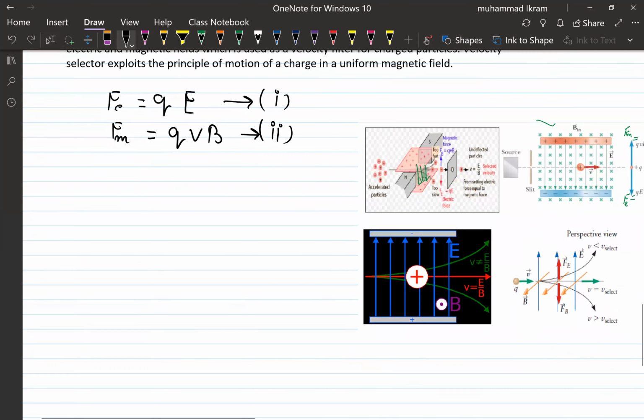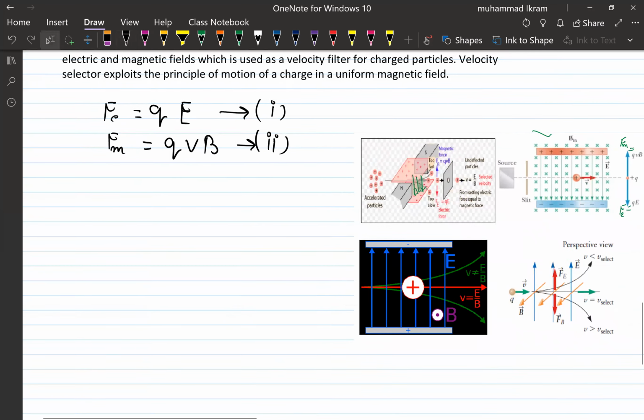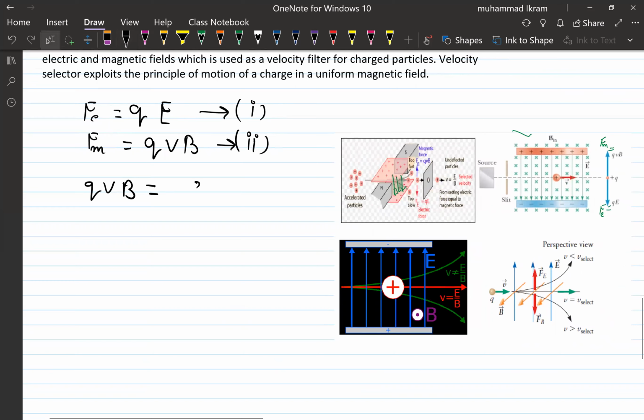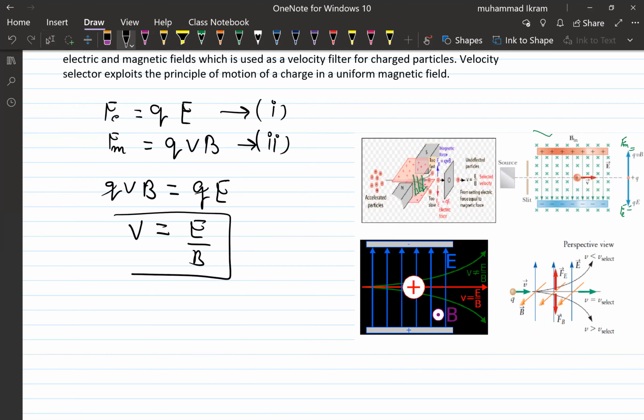Now, when the two forces balance each other, then QVB will equal QE. The Q gets cancelled and V is equal to E by B. So that is the velocity selector.